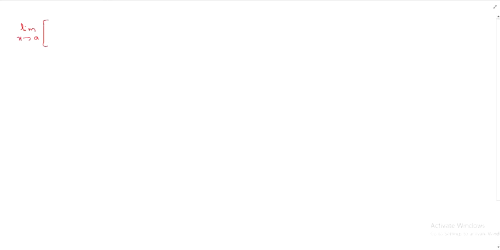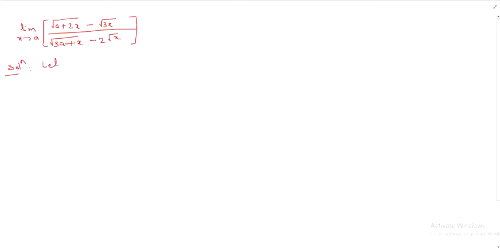So let us have this type: under root a plus 2x minus under root 3x upon under root 3a plus x minus 2 root x. Okay, so let us see the solution.